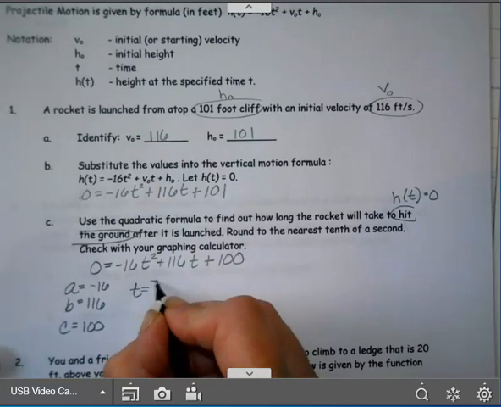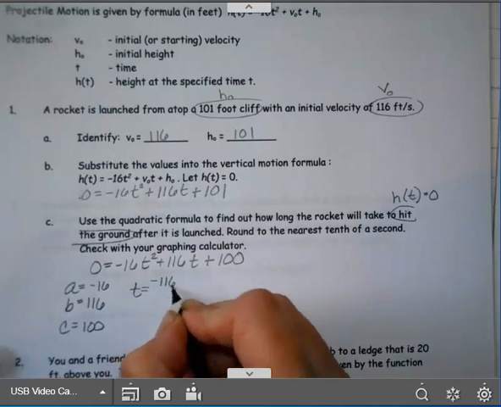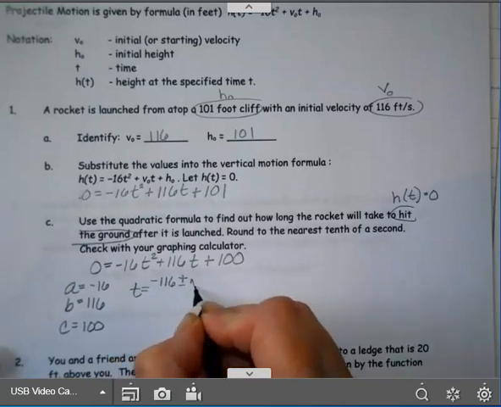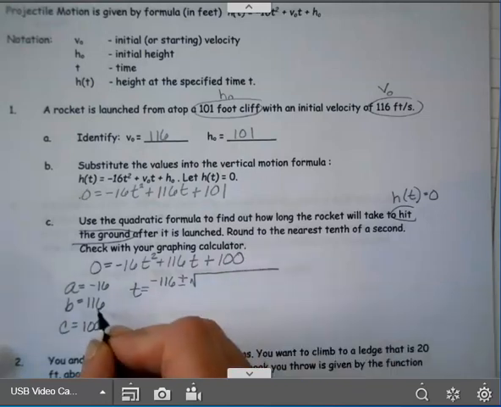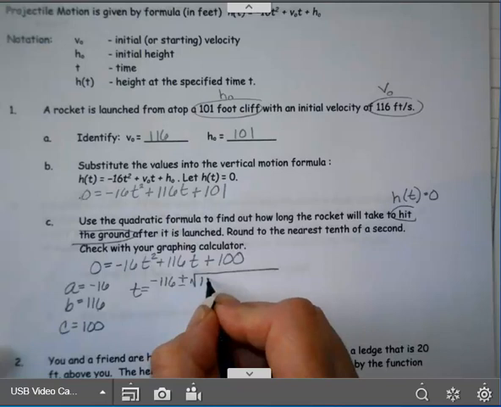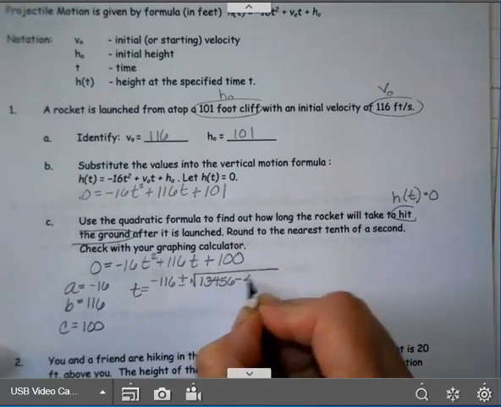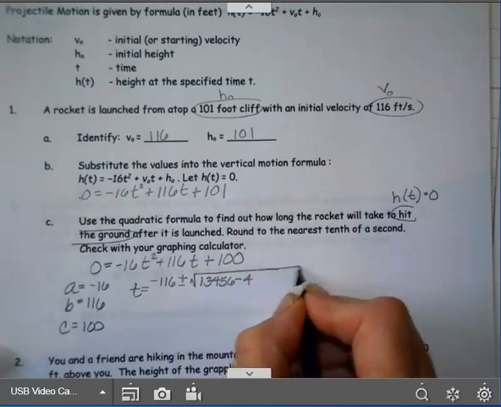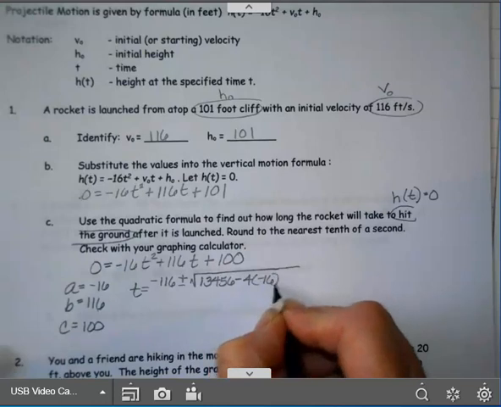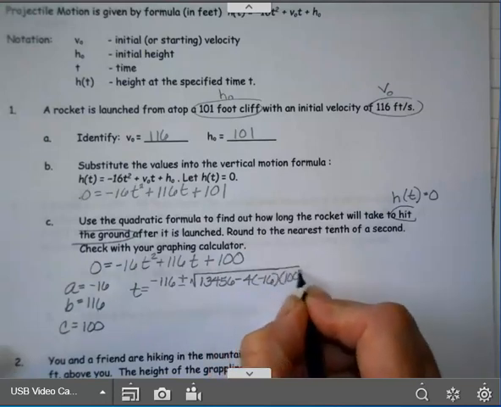So t is equal to negative 116 plus or minus the square root. When you square 116, you get 13,456. Minus 4 times a, which is negative 16, times c, which is 100.